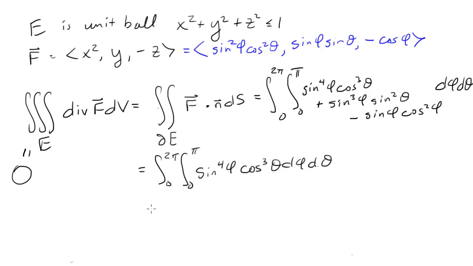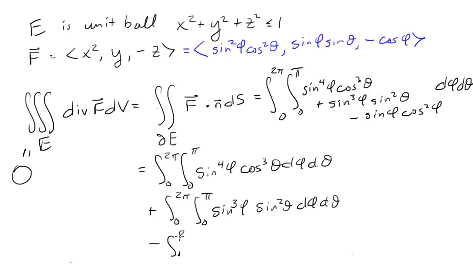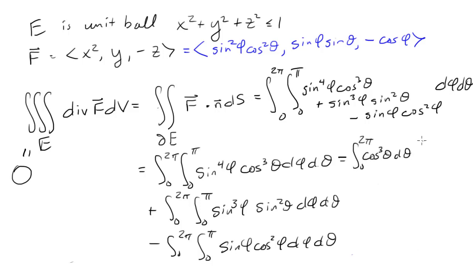Break it up into 3 integrals. In the first integral, theta is a constant with respect to phi, so I can pull it out. Same with the second, same with the third. So I can break it up into a series of Calc 1 integrals, and we call it done.